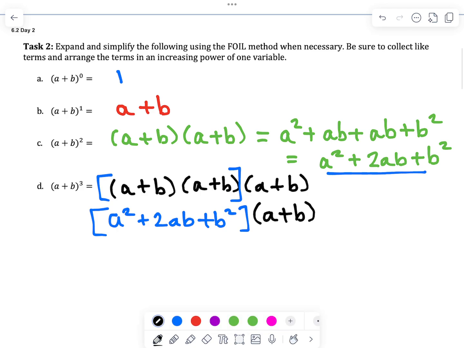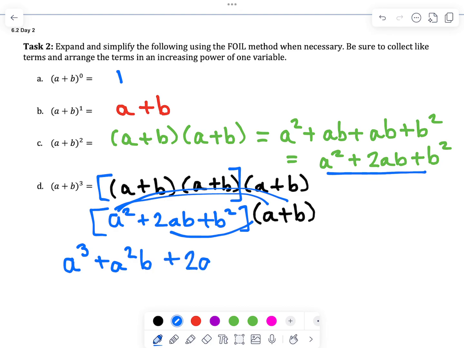And we get, first, outside, inside, last, of a squared times a, which is a cubed, a squared times b, a squared b. Then we go to 2ab times a, which is 2a squared b.